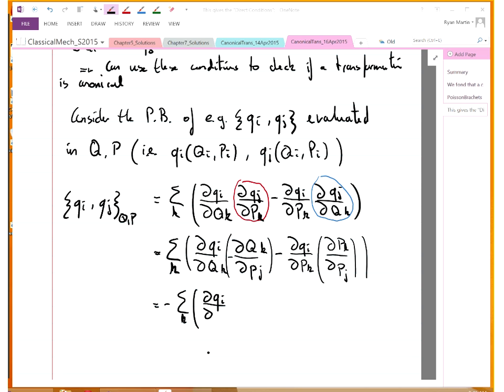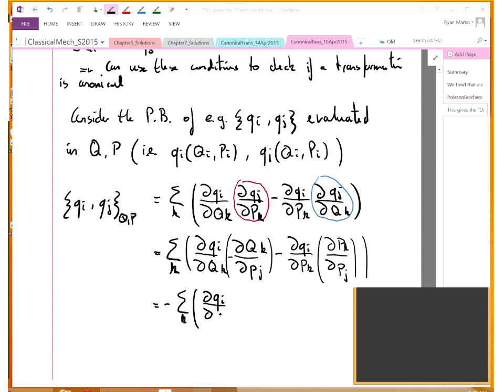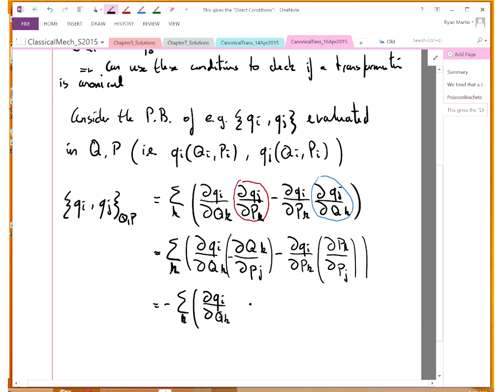So I have ∂qi by ∂capital Qk times ∂capital Qk by ∂pj. And then plus, after factoring out the minus sign, ∂qi by ∂capital Pk, and the second term is ∂capital Pk by ∂pj.